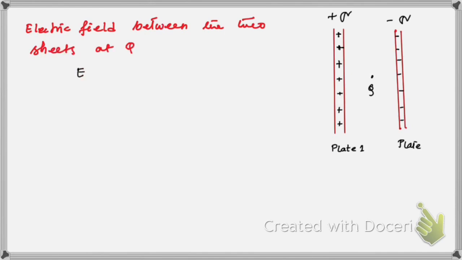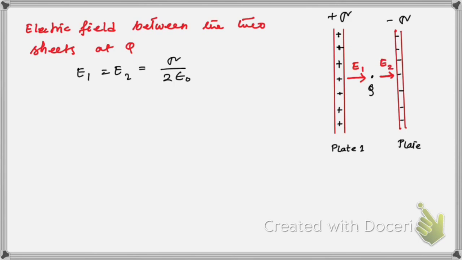That is given by E1 and E2, both equal to sigma by 2 epsilon naught, because here you see the electric field due to this first plate, as it is positively charged, should be away from the plate, and the electric field due to the negatively charged plate should be towards the negative plate.